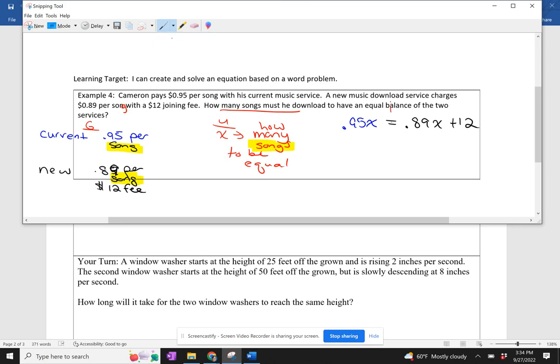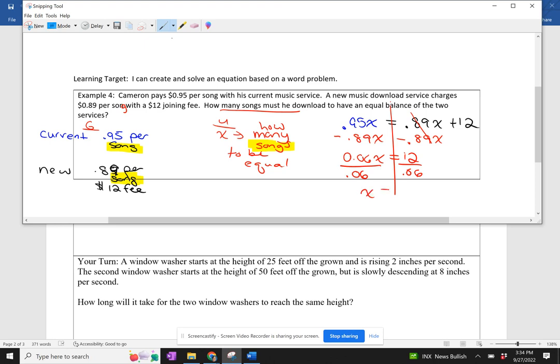So from there, it's variables on both sides. So we're going to minus 89 cents with the x, minus 89 cents with the x. And we're going to get 0.06x equals 12. And now it's a one step.